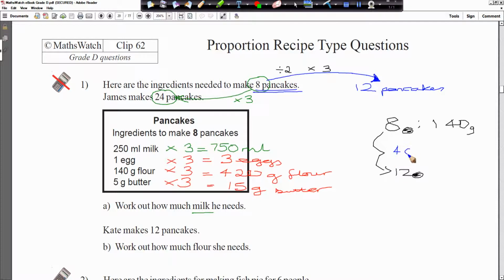So we've taken that decimal multiplying technique out. 8 to 4 we divided by 2, and then 4 to 12 we times by 3. I'm just setting out this idea in the way that you will be used to seeing it. What we do on the left hand side, we do on the right hand side. So 140 divided by 2 gives you 70 grams, and then we times by 3, 70 times 3.